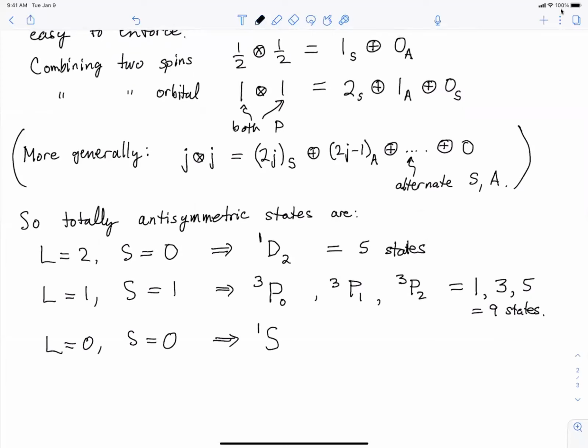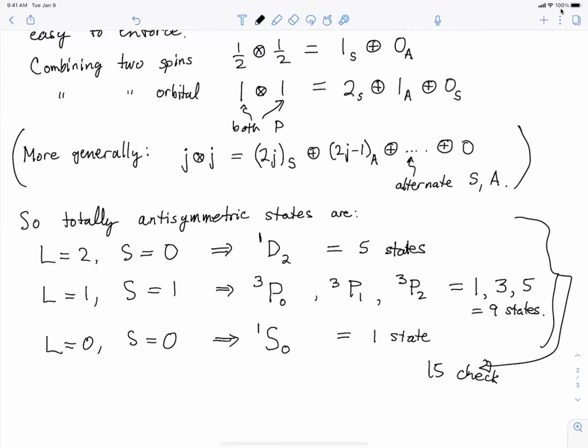And then the only thing you can get for J is 0. Okay, and the 1S0 is always just one state. Now if we add them all up, we indeed get 15. That's a good check that we have indeed found all the states.